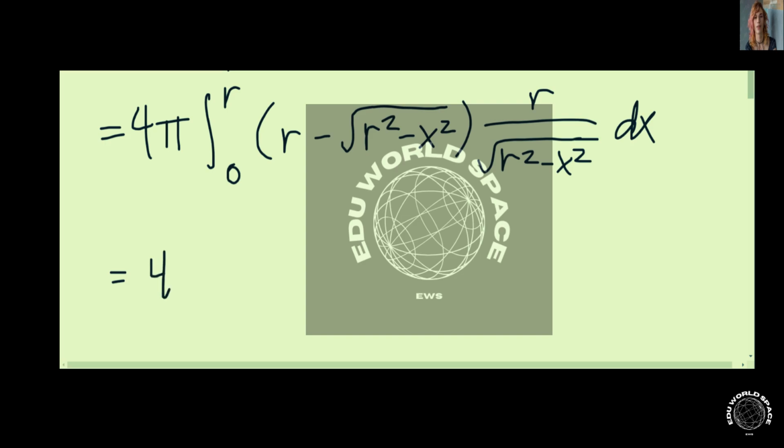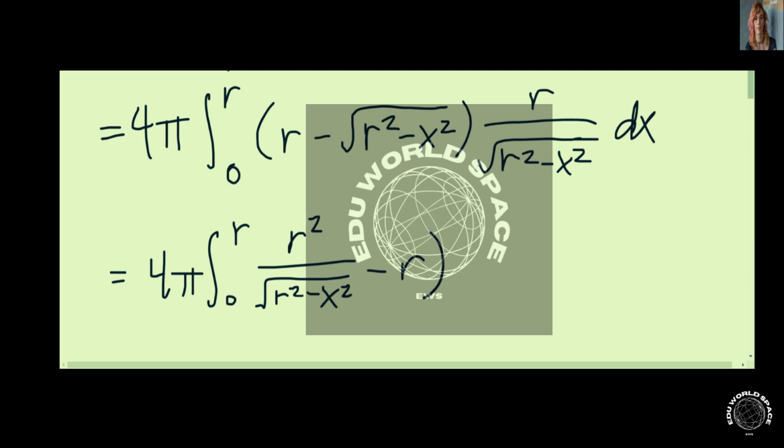And then we can write this as 4 pi times the integral from 0 to r of r squared over the square root of r squared minus x squared minus r dx.